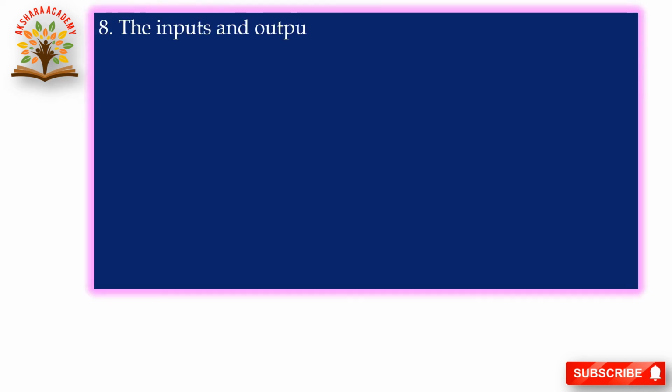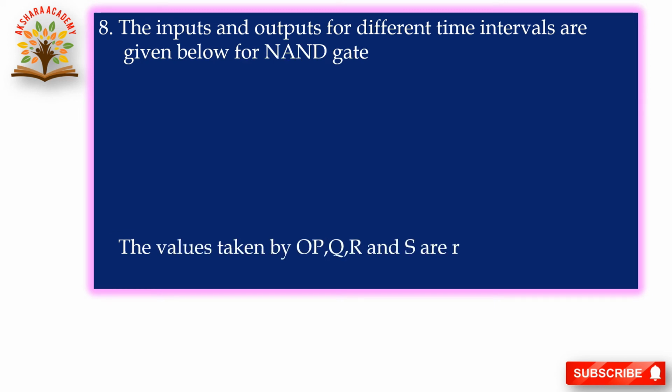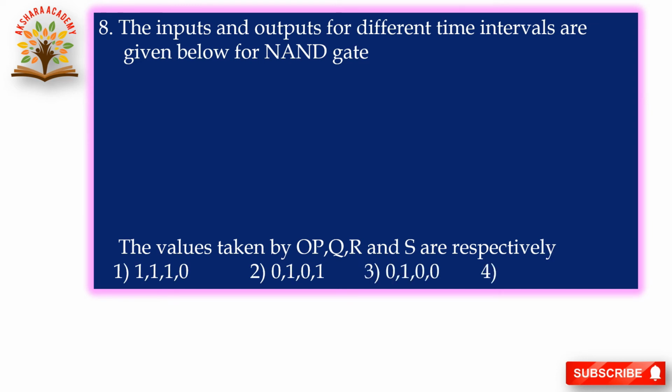The inputs and outputs for different time intervals are given below for a NAND gate. Now here, what are the values of P, Q, R and S?